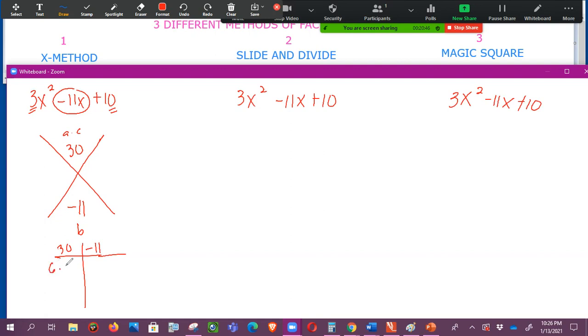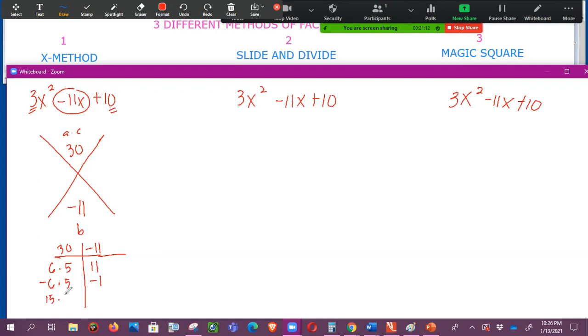So let's have 6 and 5. 6 plus 5 is 11. I think we're getting that. If we're going to multiply negative 6 times 5, we can have negative 1. So it's not. Negative 5, oops. 15 and 2?